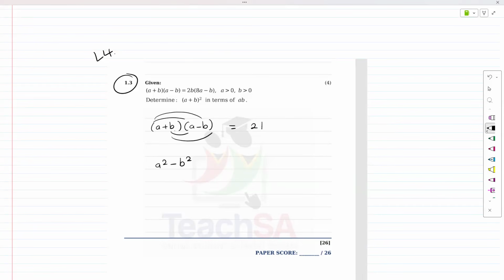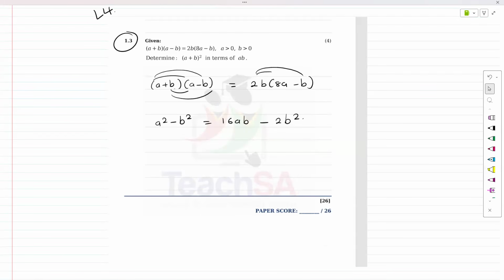When I distribute this bracket, I end up with 16ab minus 2b squared. Questions like this are not too difficult to deal with, because I can take this part over, and minus becomes plus.